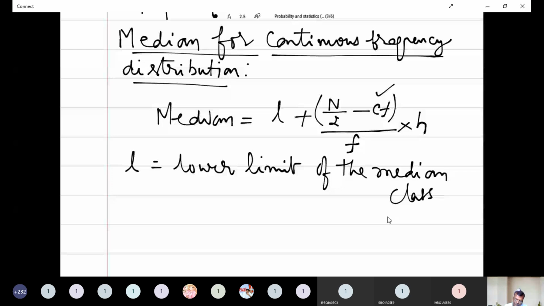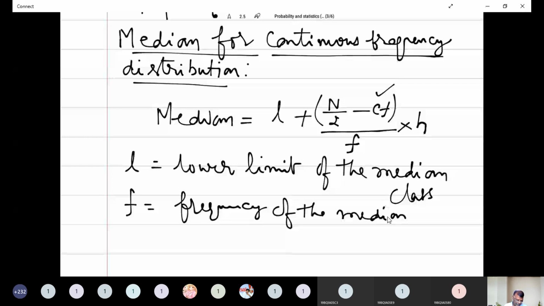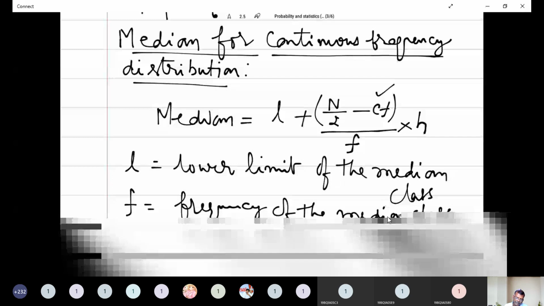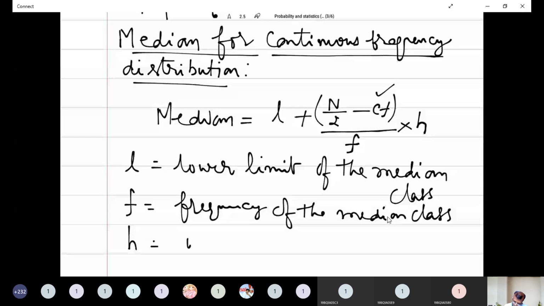F is the frequency of the median class. And H is the width of the median class or class interval.